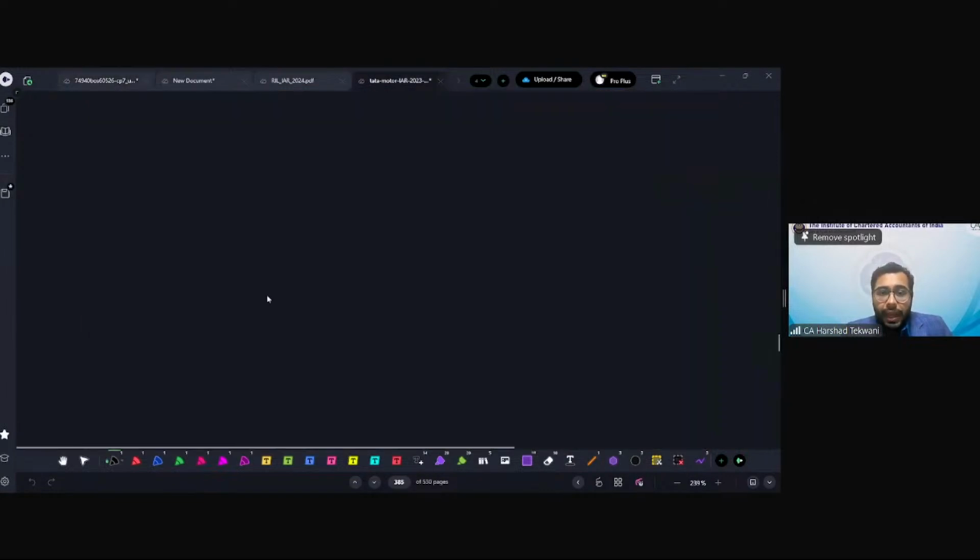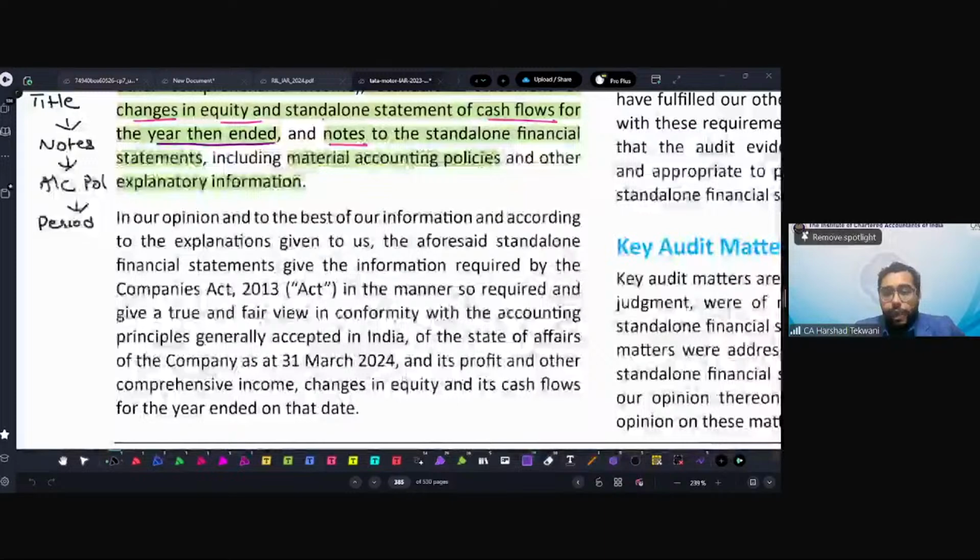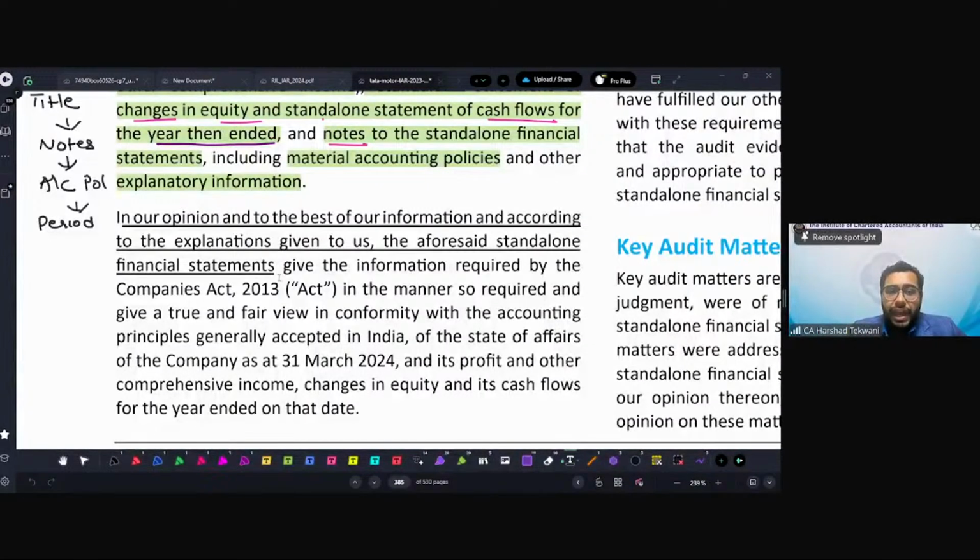In the current case, if you see the opinion paragraph, that is, in our opinion and best to our information and according to the explanation given to us, the aforesaid standalone financial statement give the information required by the Companies Act.